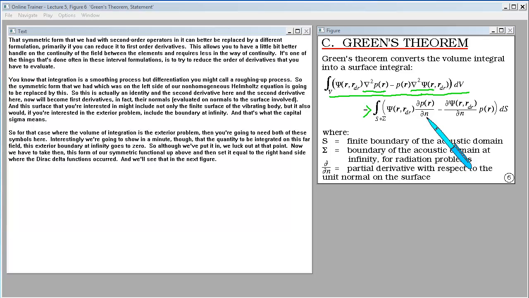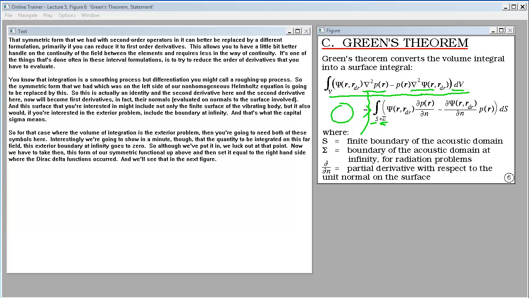And this surface might include not only the finite surface of the vibrating body, but also, if you were interested in the exterior problem, the boundary at infinity, and that's what the capital sigma means. So for the exterior problem, you're going to need both of these symbols here.